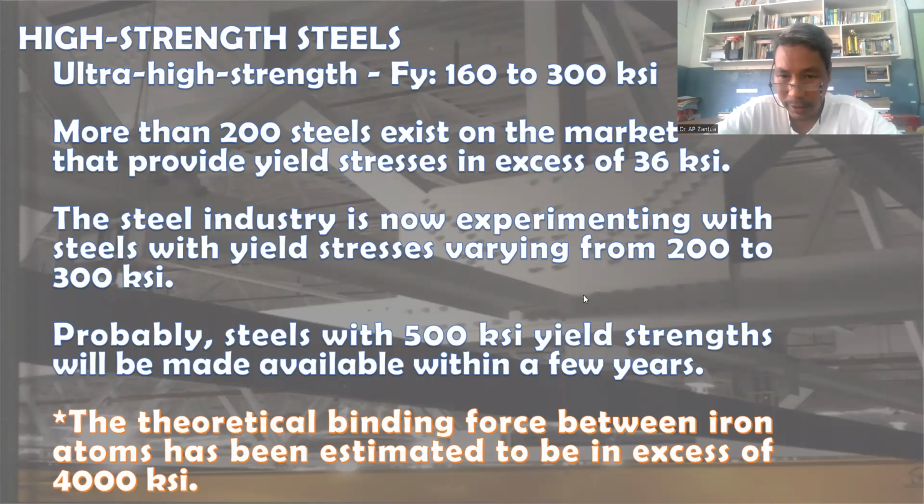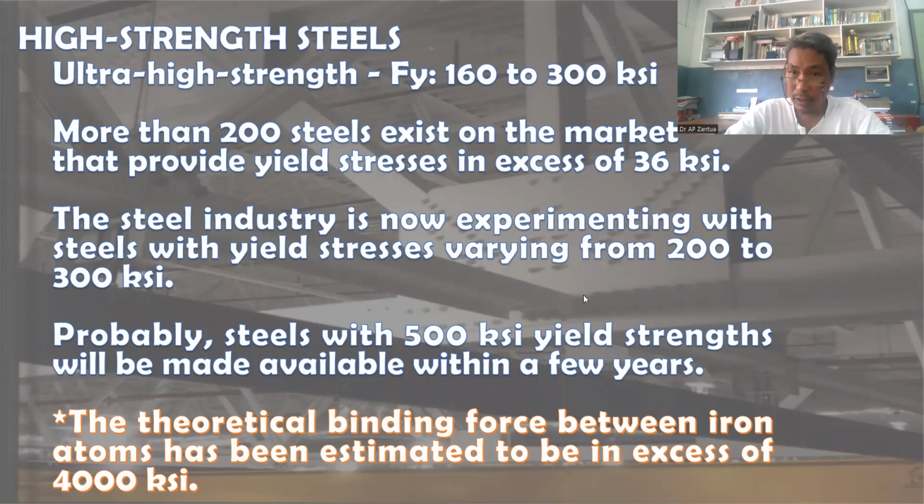So the theoretical binding force is about 4,000. That's why they think that it's still possible, still feasible, to make a steel product with about 500 KSI yield strength.